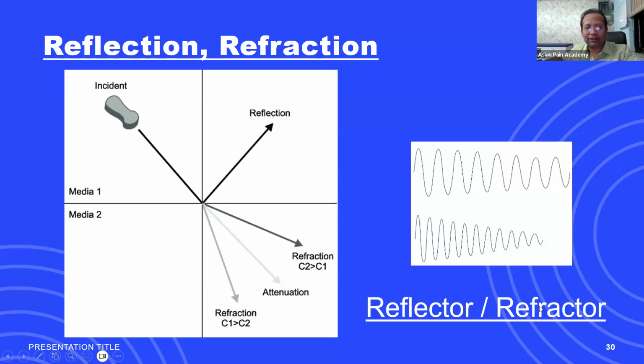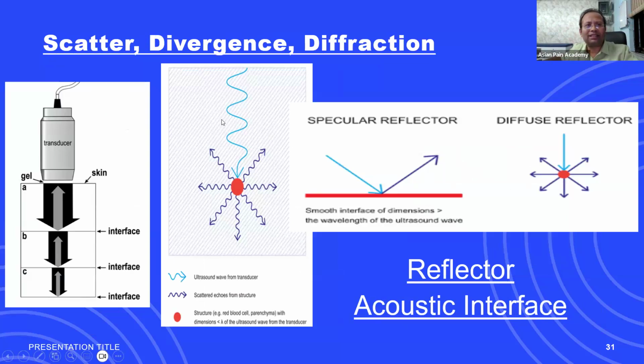So here the interface between two types of tissue mainly becomes the reflector and refractor. So this is scattering or divergence. When something is reflecting, it is like one wave coming and causing one reflected wave.